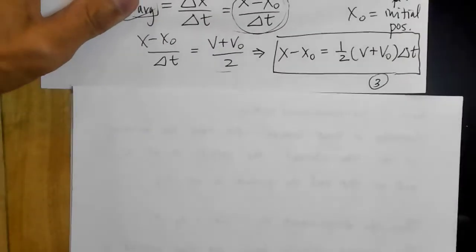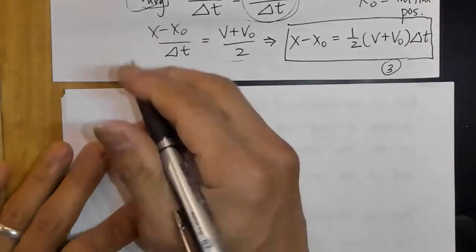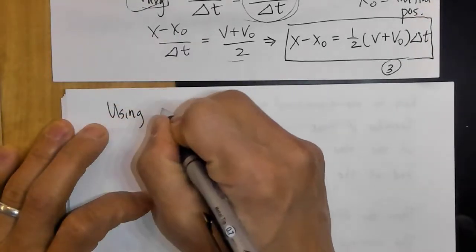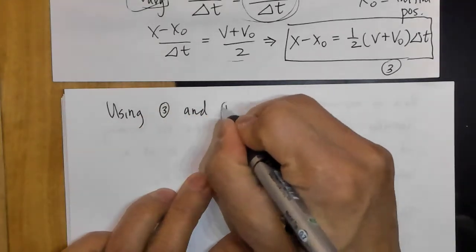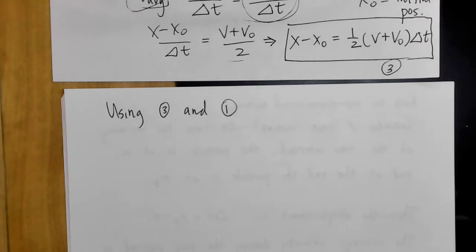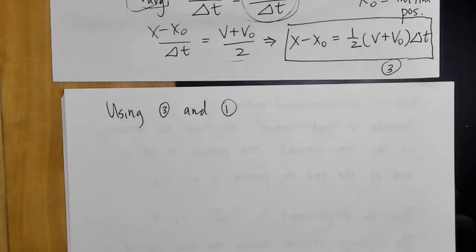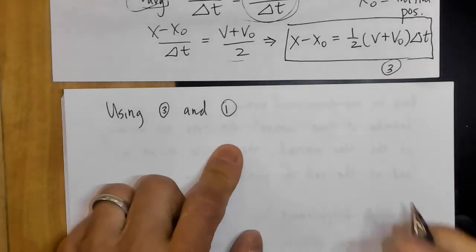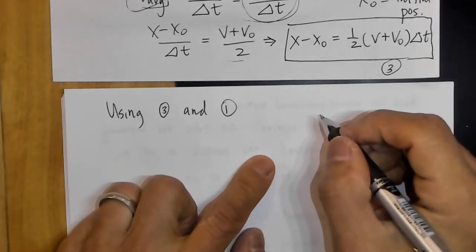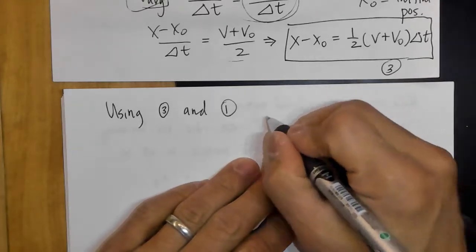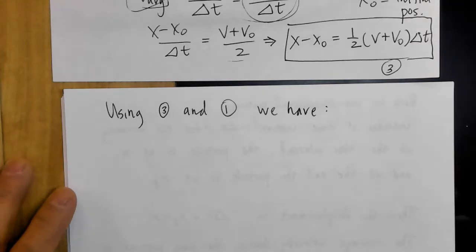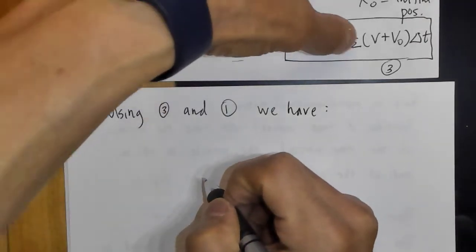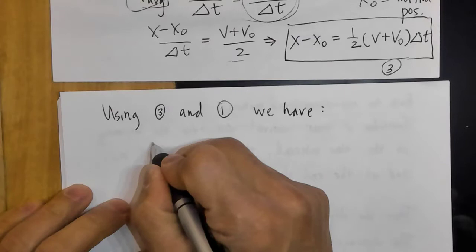So we're going to use number 3 and number 1. That's why I wrote it on the board, so you can see it here. V is equal to v0 plus a delta t. Okay, so what I'm going to do is copy this guy again.